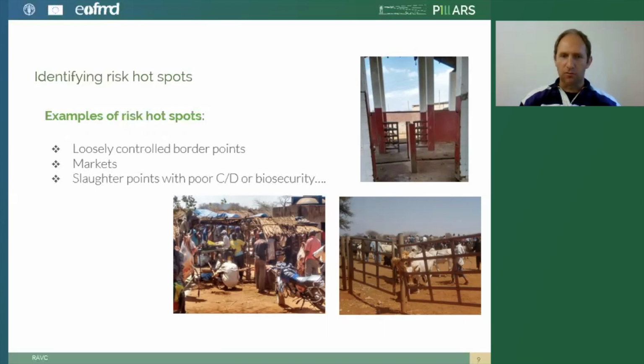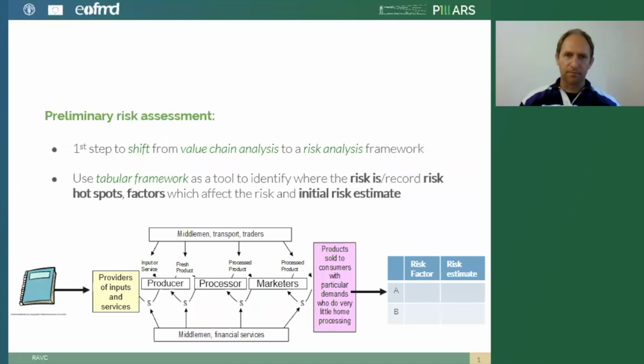Again, slaughter points could be, but there's going to be many others, such as common grazing, and they don't just have to be these sort of activities. It could be, as we mentioned, geographical areas where we know for one reason or another foot-and-mouth disease has a high risk in that area that plays a big role in the epidemiology. Or it could be a certain time of the year promoting risk within an activity.